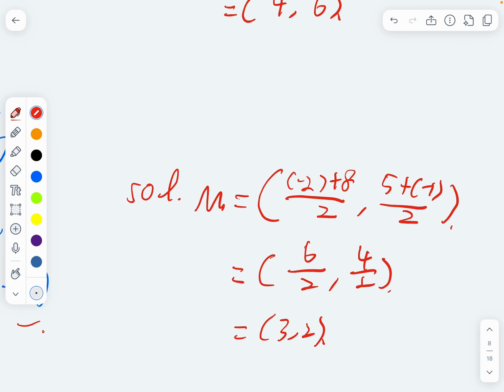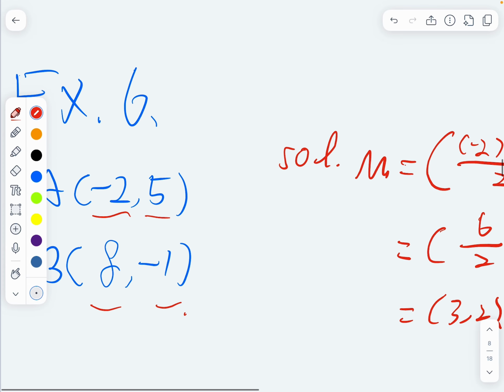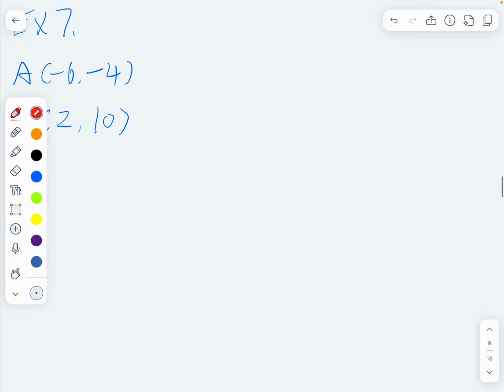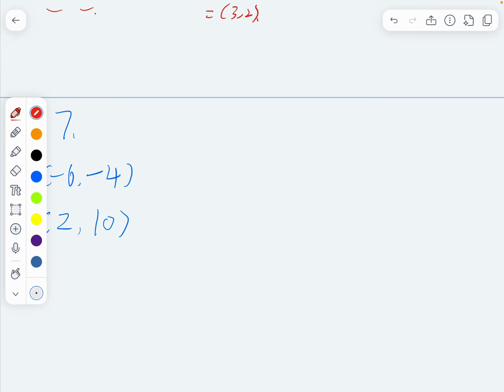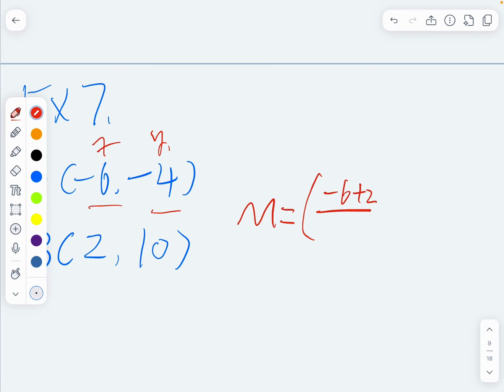The calculation steps are the same. We do not care about the signs, whatever is negative. I hope with this, for (negative 6, negative 4), right? Just put the x and the y together: (negative 2 plus 2) over 2 and (negative 4 plus 10) over 2.